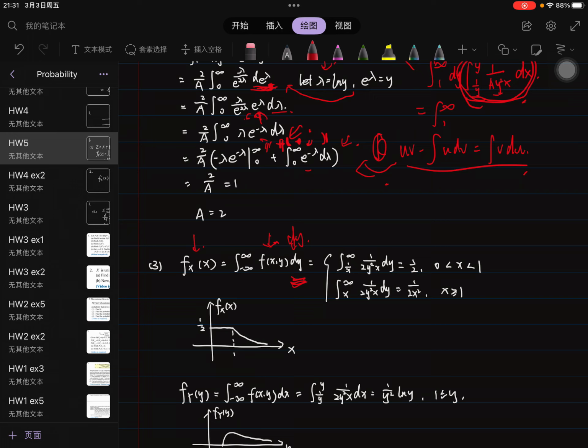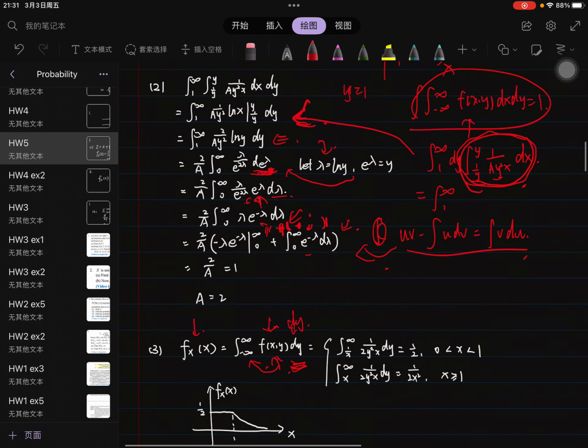Since this is dy, we need to use x to express the upper bound and lower bound of this integration.